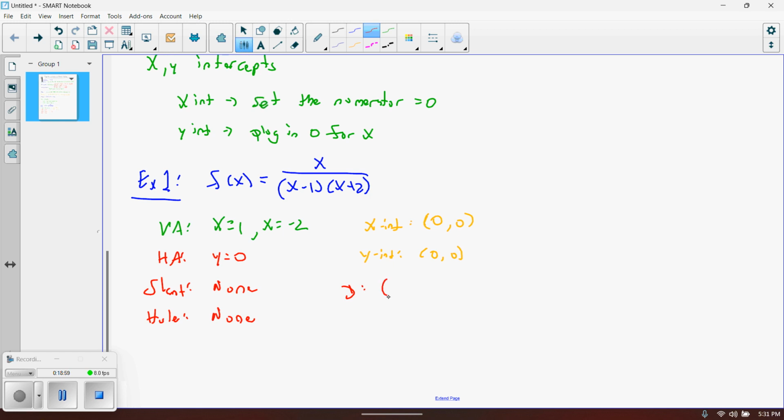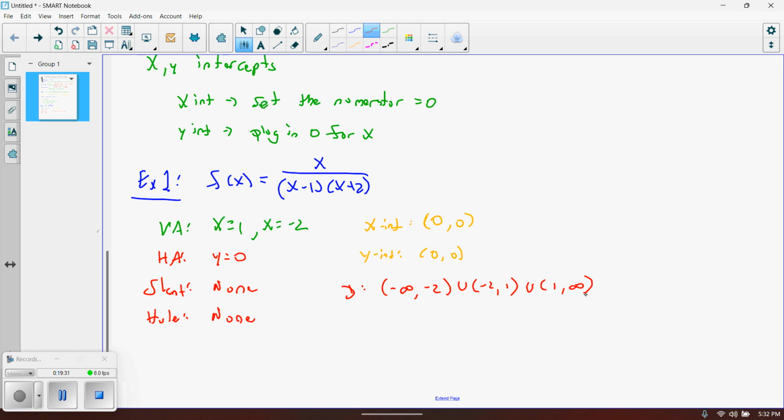So the way you write that in intervals is -∞ to -2, from left to right on a number line, in union with -2 to 1, and then from 1 to infinity, because we can include every other possible number other than -2 and 1. So -2 and 1 is pretty much your starting and your stopping point on your interval.